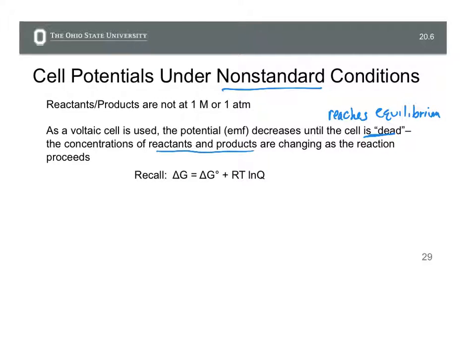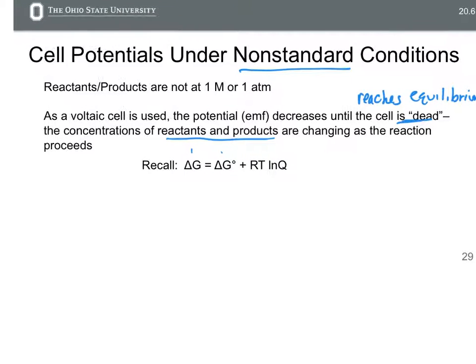So how will we calculate this? We know from chapter 19 that the free energy, delta G, is equal to the standard free energy plus R times T times the natural log of Q. We also know now that delta G is equal to minus nFE, and this could be standard or non-standard.